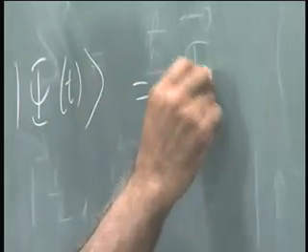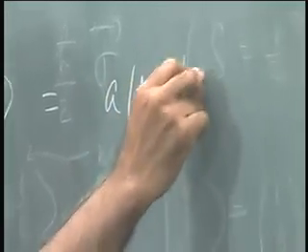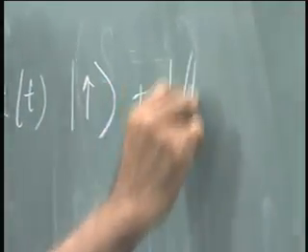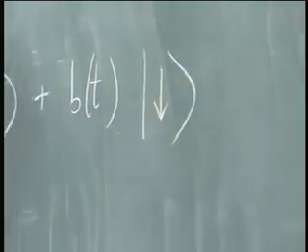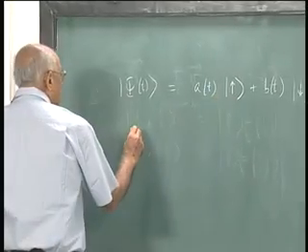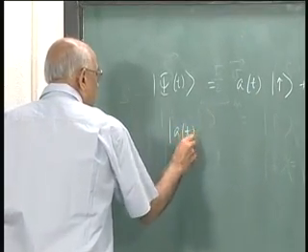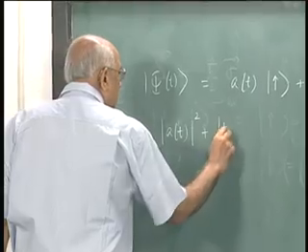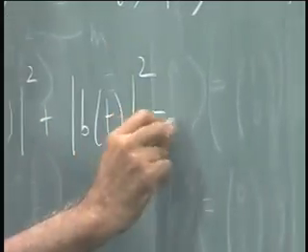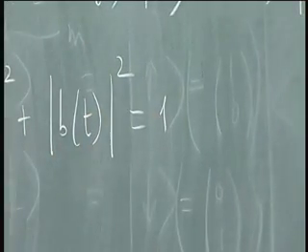So this can always be written as A of t up plus B of t down, where A and B are two coefficients which will depend on time in general if the psi depends on time. Okay. And if you normalize this state, since these are already normalized, we are going to assume that |A of t|^2 plus |B of t|^2 is 1 for all time. Okay. So we will talk about normalized states of the system.